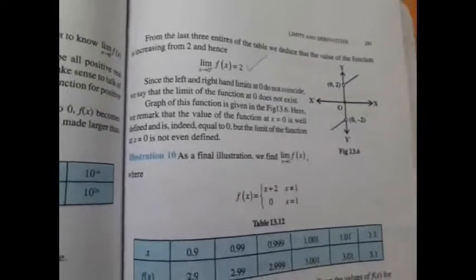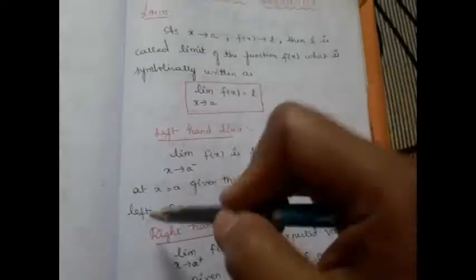Right? Hope you understood. So what we have learnt so far, limits of a function. What is meant by left hand limit? Limit x tends to a minus f of x is the expected value of f at x equal to a. It is not the exact value, it is the expected value, given the values of f near to x to the left of a.